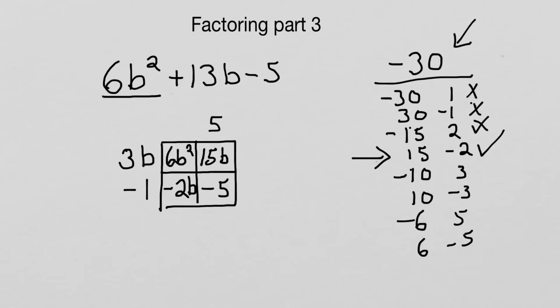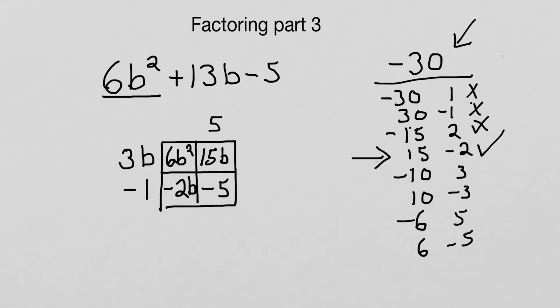Right? 5 goes into 15b 3b times, and 5 goes into -5 negative once. All right, negative one. Now I look at my final column, 6b squared, -2b.